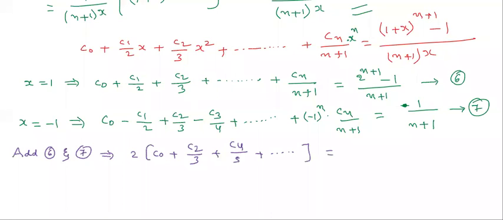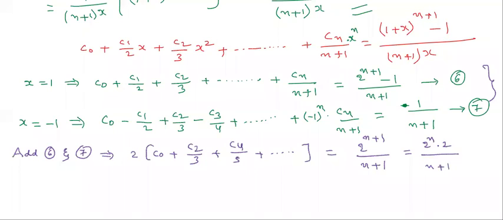That is equal to, in the right hand side, if you are adding these two, what happens? Minus 1 plus 1 is going to cancel. Overall, we get (2 power n plus 1) by n plus 1. 2 power n plus 1 we can write as 2 power n into 2 by n plus 1.